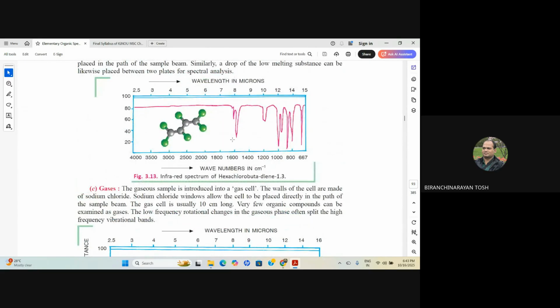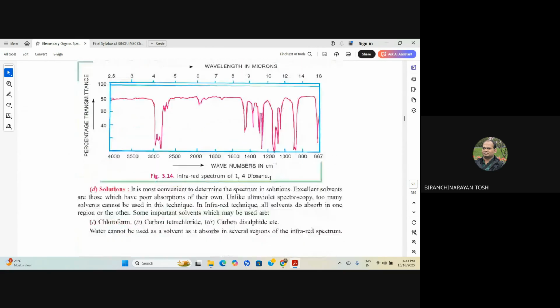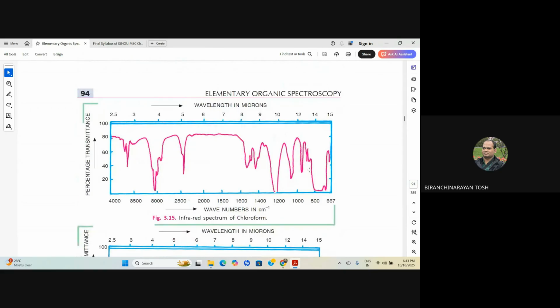In every spectrum you can see this is known as the fingerprint region. Whatever you are getting here is for the OH group and CH2, nothing else. But almost all other functional groups will give their peaks in the fingerprint region, and you have to remember the positions.